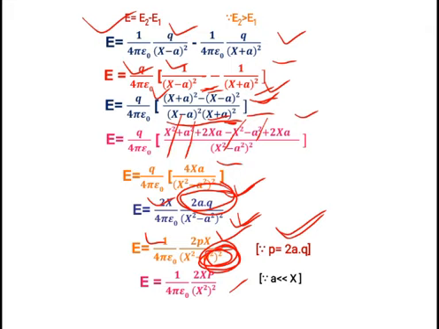So E is equal to 1 divided by 4 pi epsilon naught, 2xp divided by (x square) raised to 2, because a is very much less than x.